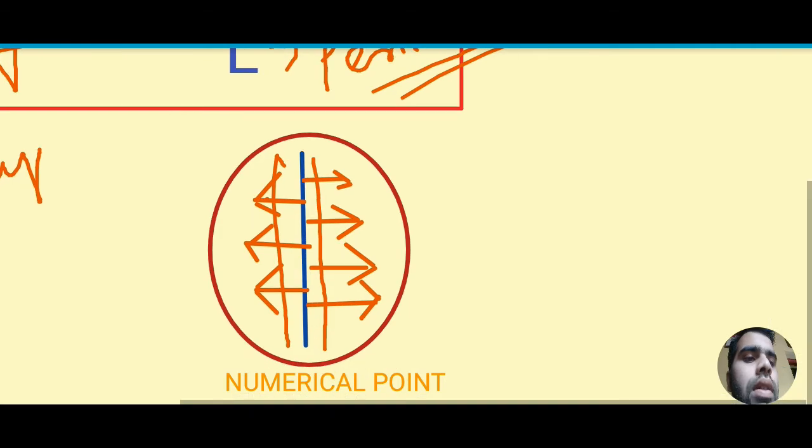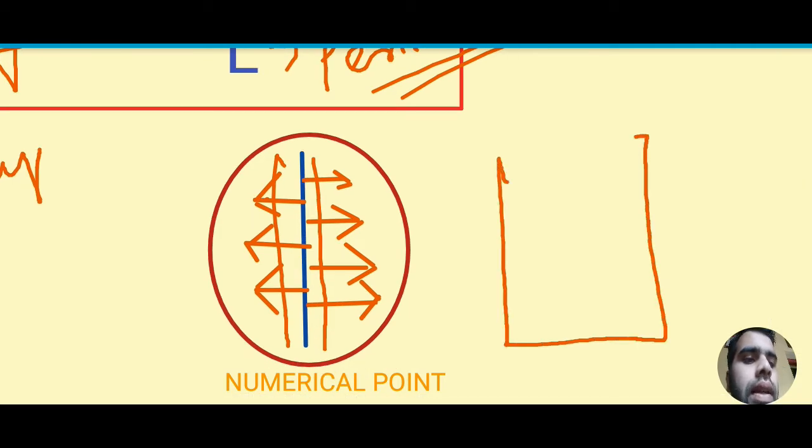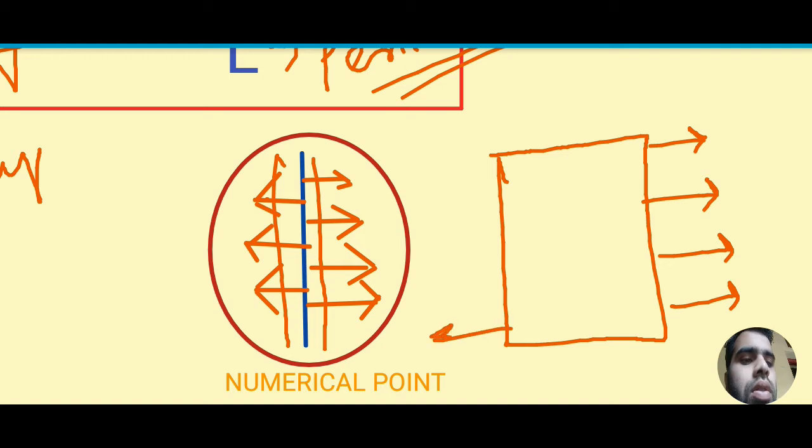And if we take a rectangular section, then the surface tension will act like this.